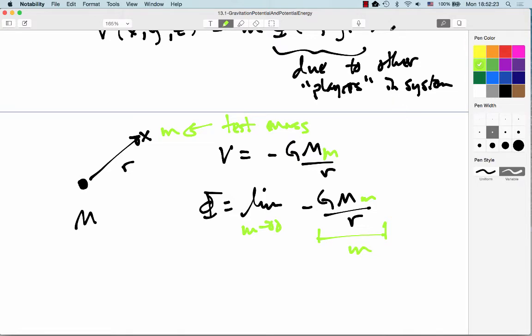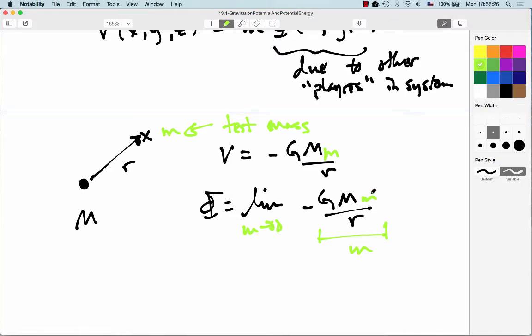Well, that's going to be a really straightforward limit to take because those m's are going to cancel. And so I'm just left with a constant. I get that the potential for a point mass is minus GM over r.